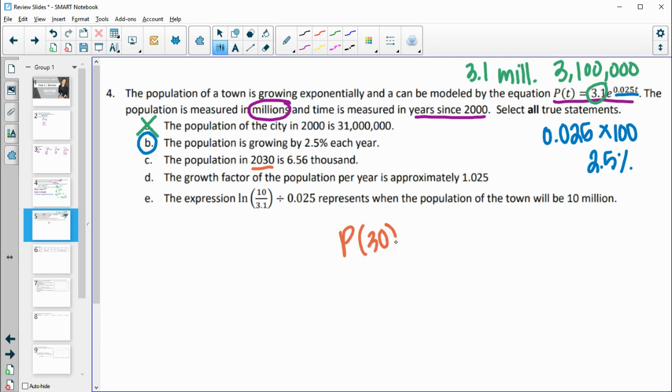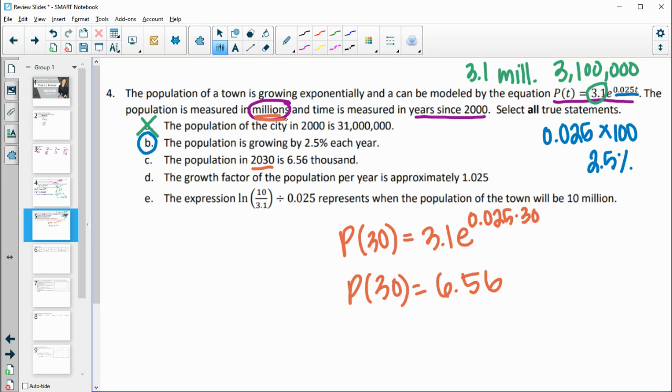So if we look at P of 30 and we plug this into our calculator, 3.1 times e to the 0.025 times 30, you are going to get back 6.56, but that is not in thousands, right? So P of 30 does equal 6.56, but it's in millions, not thousands. So part C is false because of that word thousand.